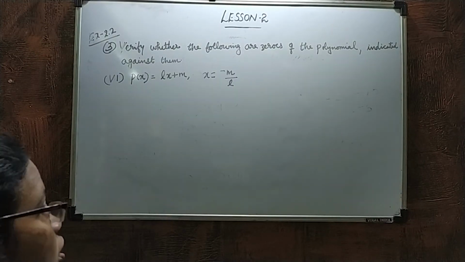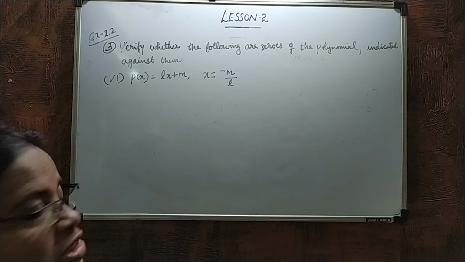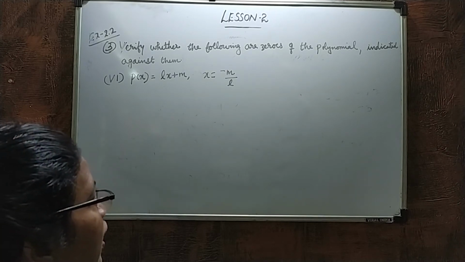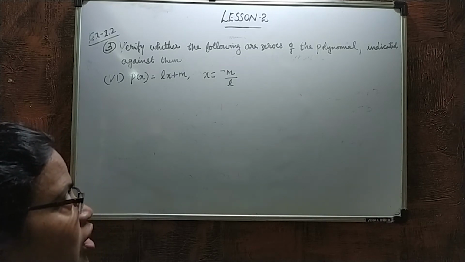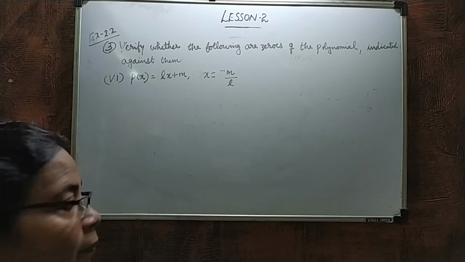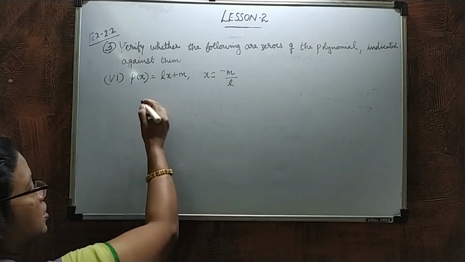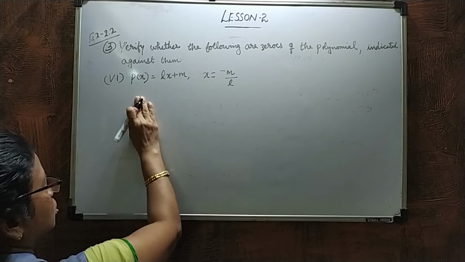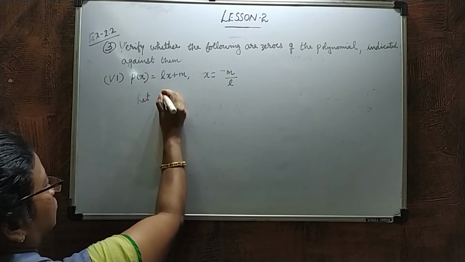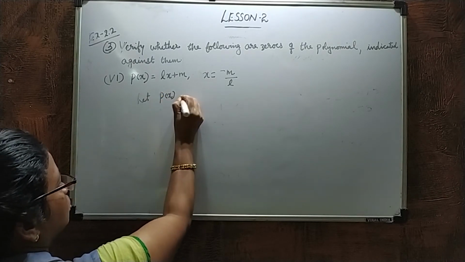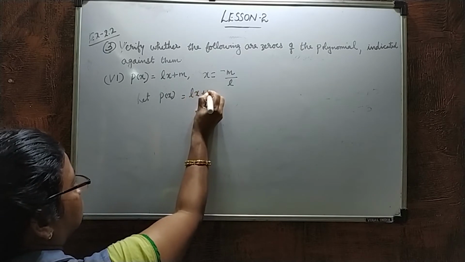Now the sixth question. P of x is equal to, that means the polynomial is Lx plus m, and the value is, instead of x you have to substitute negative m by L. Okay, then we'll substitute now. So let P of x is equal to Lx plus m.